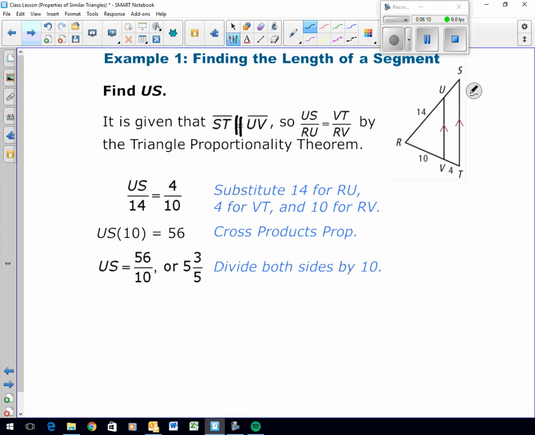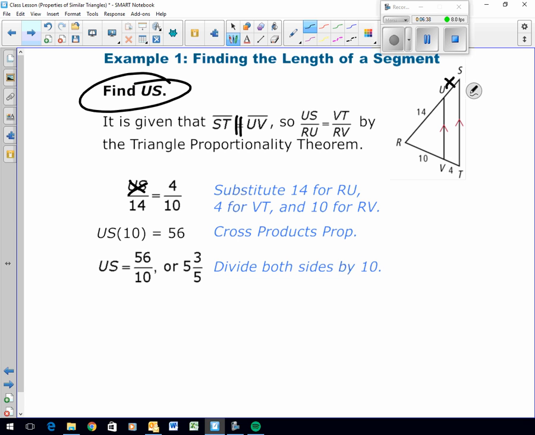It's fine. Okay? I would have to find US. Here's how I would do that. Set up my proportion and cross multiply. US, so let's just call it X. X over 14 would have to be equal to the same ratio as 4 over 10.